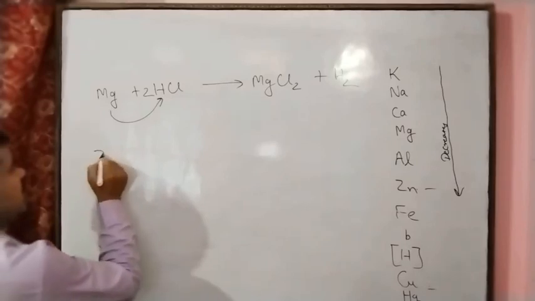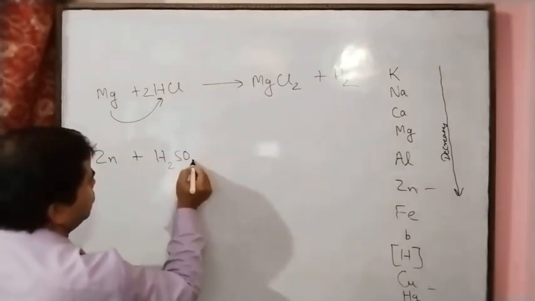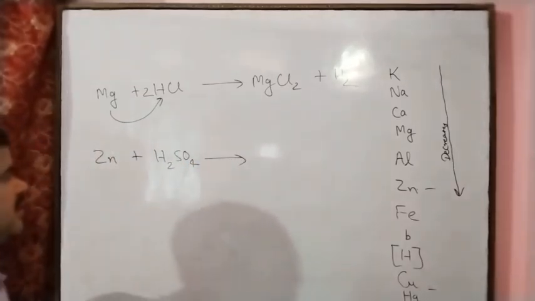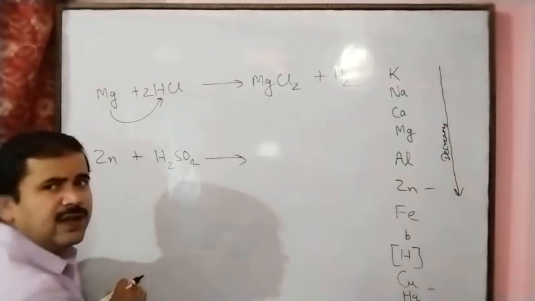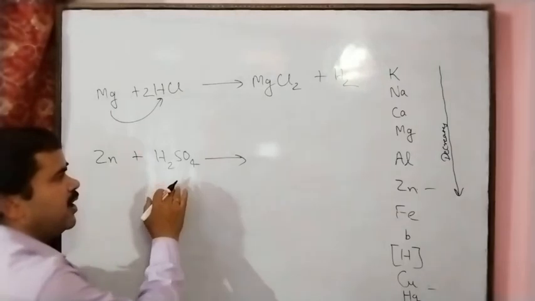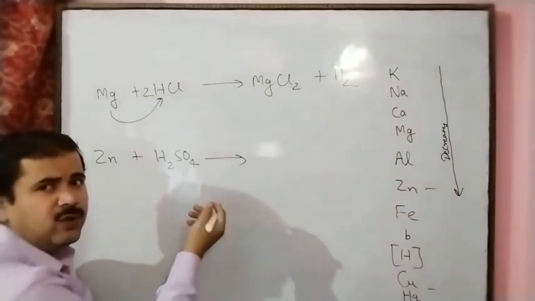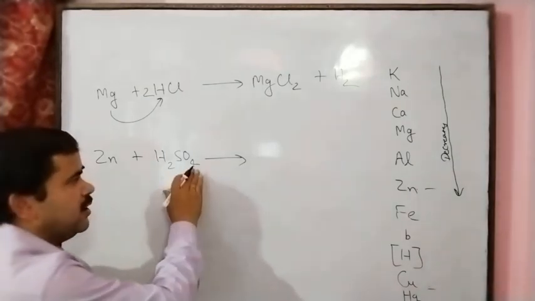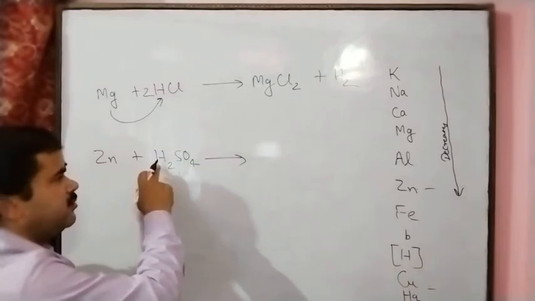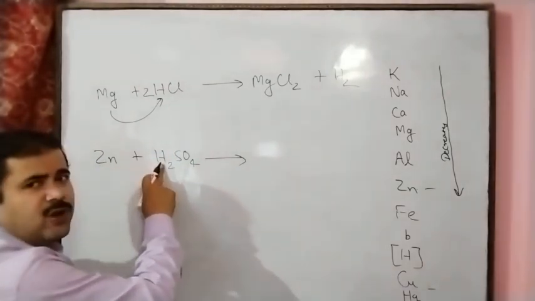In the same manner, other examples are also given, where zinc or iron react in the same way. Suppose zinc reacts with H2SO4. Zinc has the electropositive nature, and hydrogen also has the electropositive nature, because H2SO4 is made of two H plus ions and the sulfate ion, SO4 2 minus. So zinc is electropositive and hydrogen is also electropositive in nature.